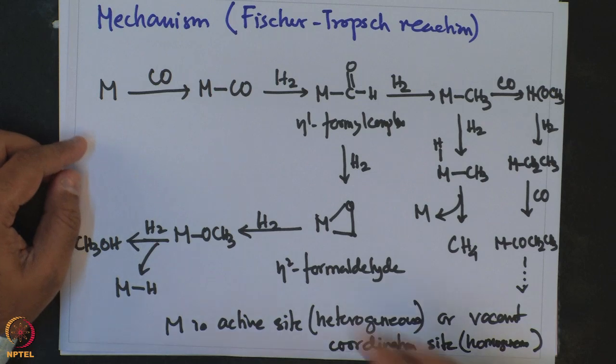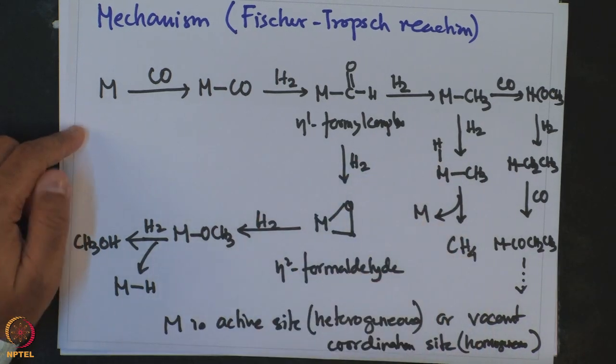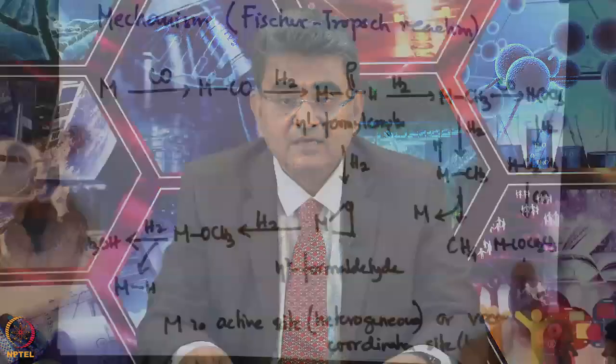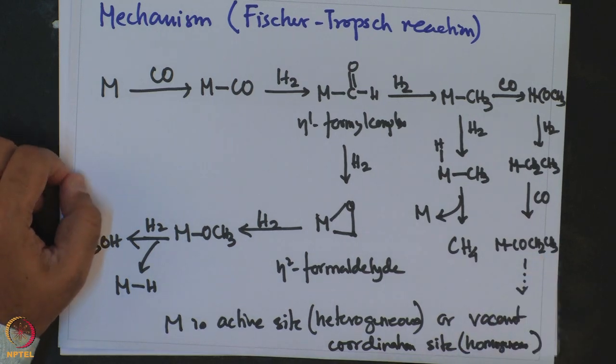So, what we see is that this mechanism of Fischer-Tropsch synthesis produces many products ranging from alcohols to alkanes to even ketones and so forth.